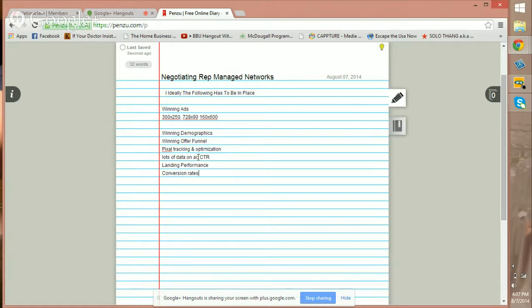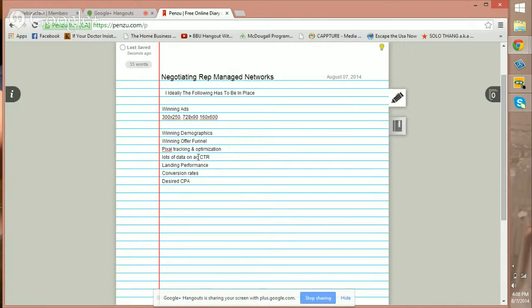These are some of the things you absolutely need to know before you even start placing any media, large media buys. And you need to know the desired CPA, cost per action.